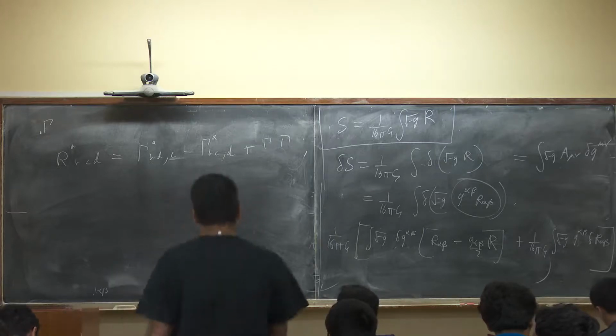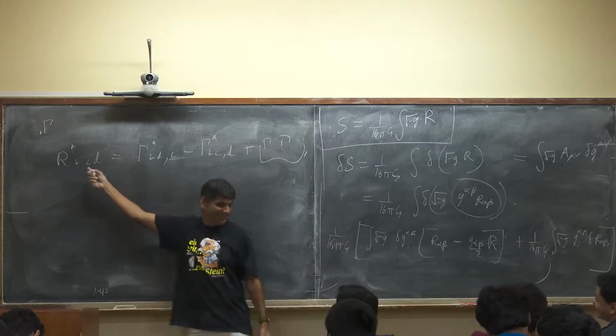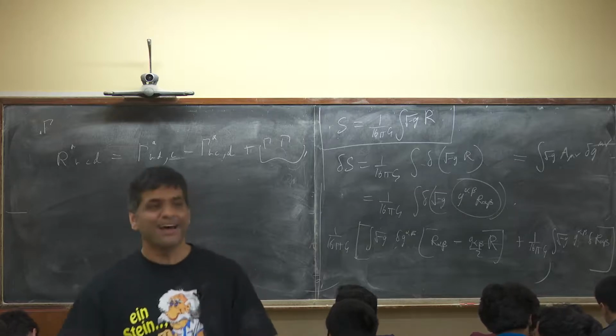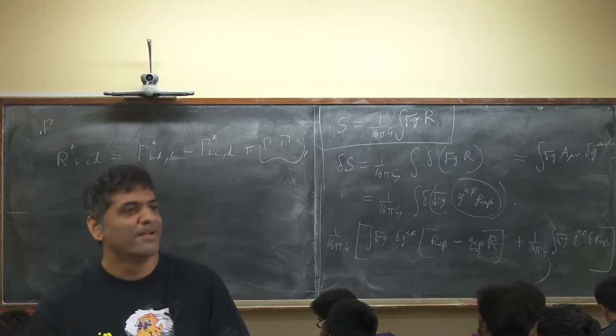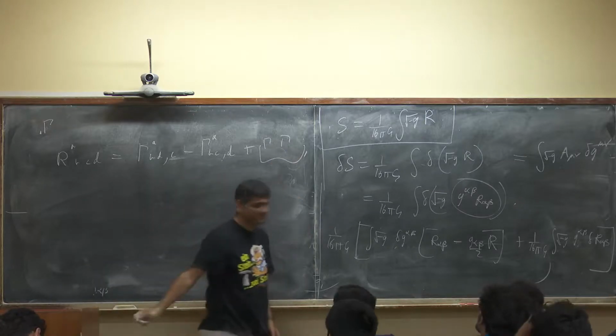This will not bother us, because when we take R and take a variation, we can take the variation in one of them, but the second one will remain.